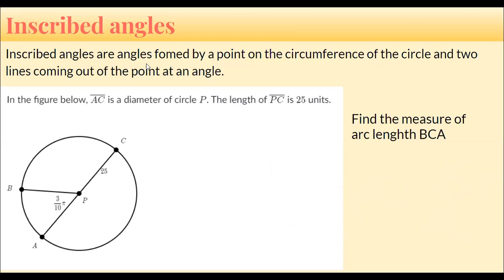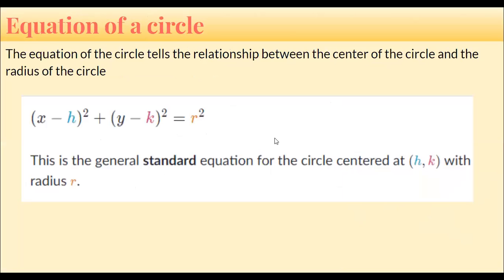Now, let's look at a very interesting concept, and one of my favorite concepts in the mathematics of circles: the equation of a circle, right? The equation of a circle tells us the relationship between the center of a circle and the radius of a circle.